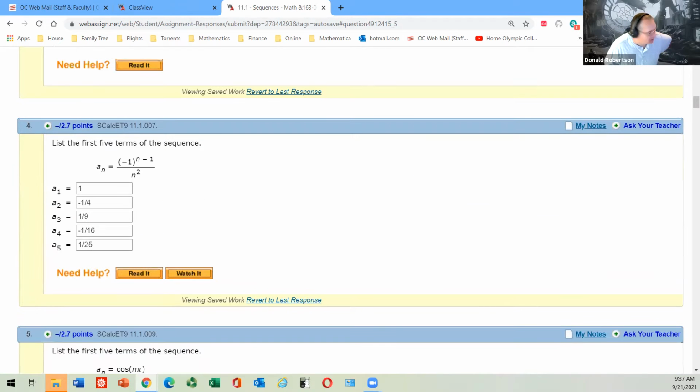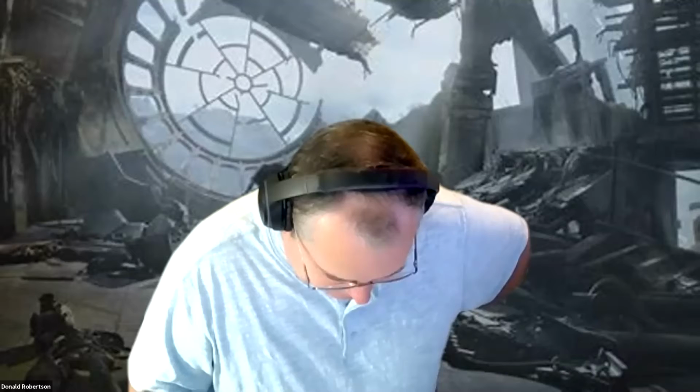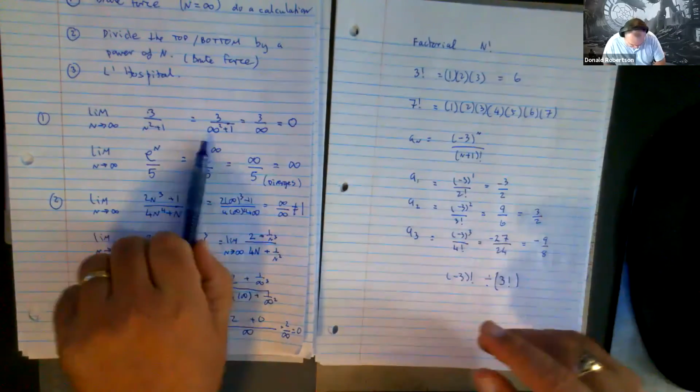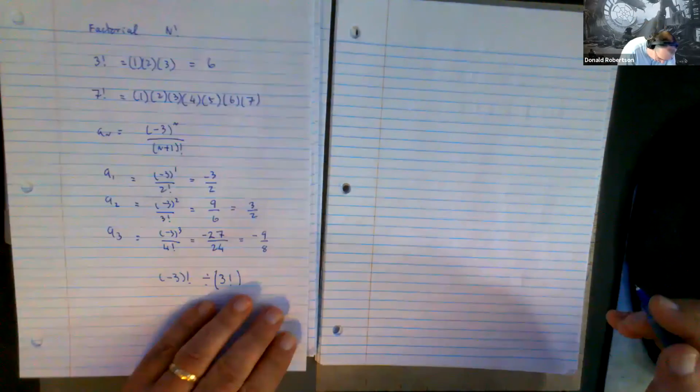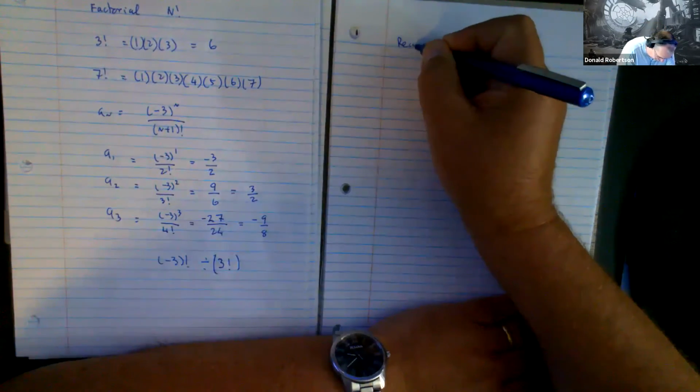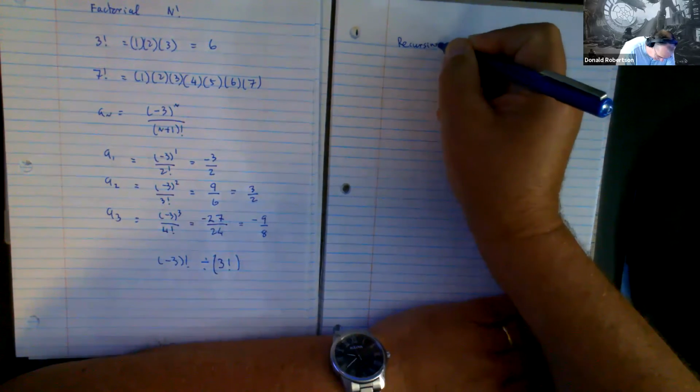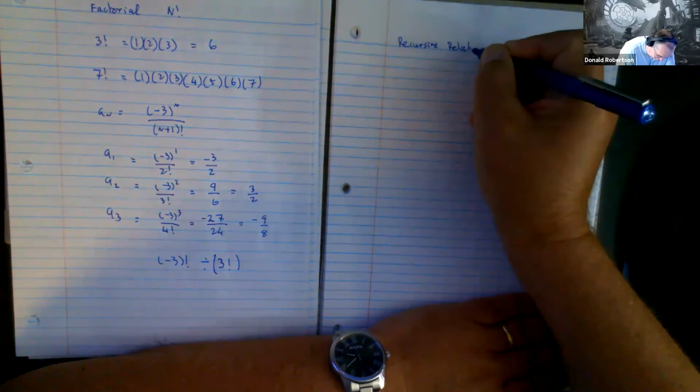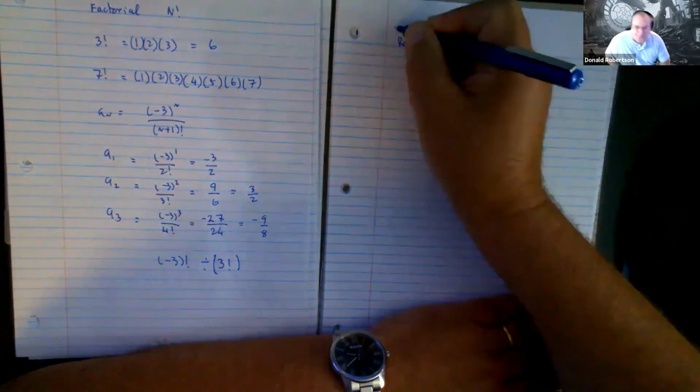Yeah. Okay, so let's move on then. And what I want to look at now is a different way of describing a sequence. And the method that we're going to use is called a recursive relation.